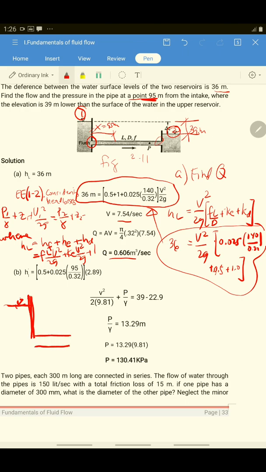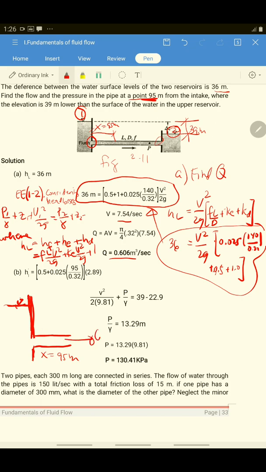So like that. So this will be X is 95 meters, somewhere from the entrance.